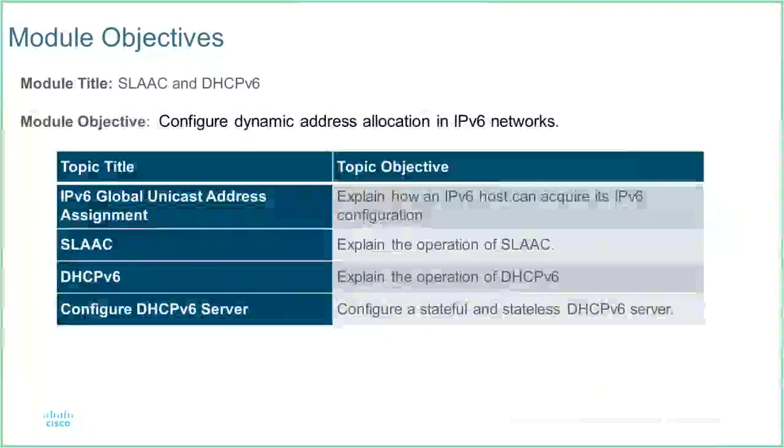So we'll be looking at how DHCP version 6 works and how it uses a couple of different methods for assigning addresses out to clients, and how we configure the devices to have these operations work.